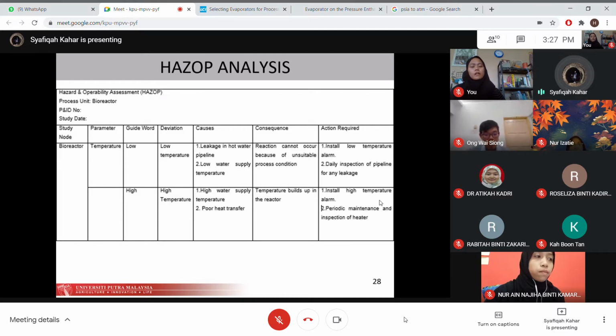For high temperature, the cause might be poor heat transfer or high water supply. This will make the temperature build up in the reactor, so the reaction cannot be utilized. The action is to install a high temperature alarm, and also periodic maintenance and inspection for the heater.